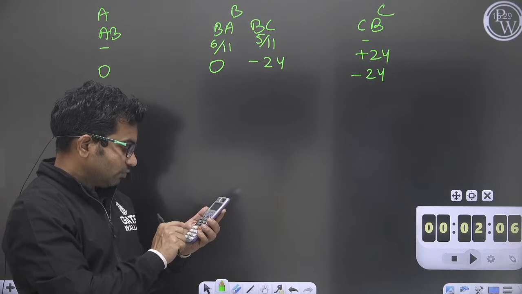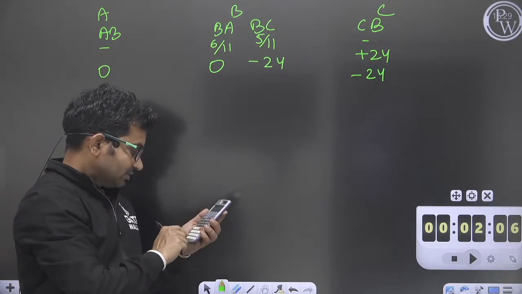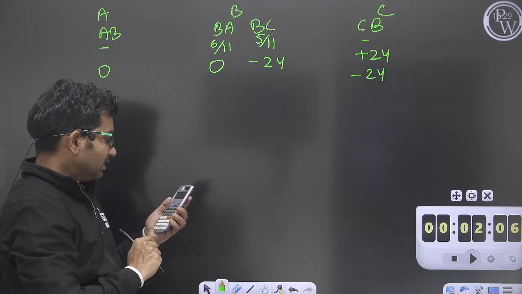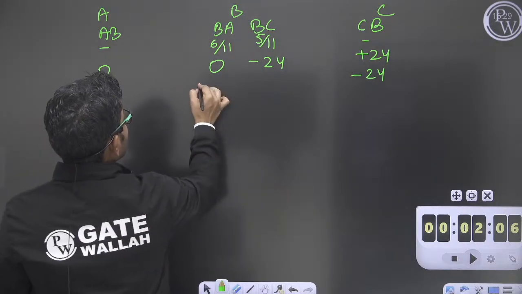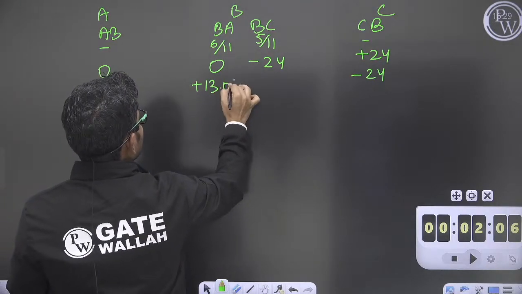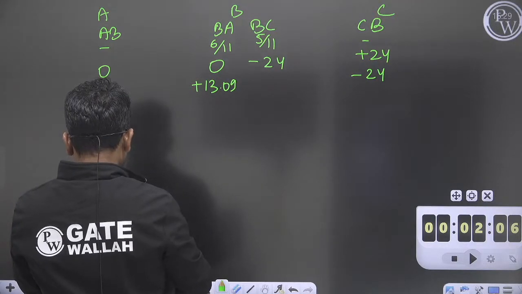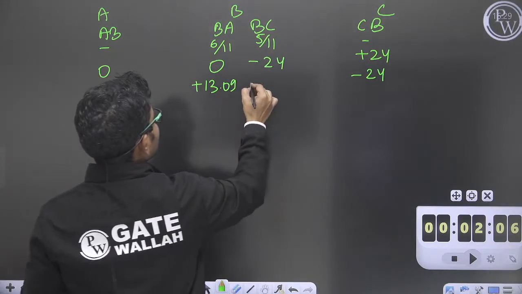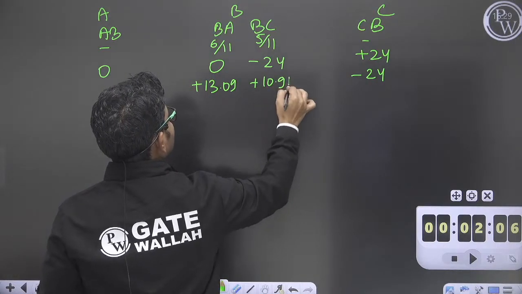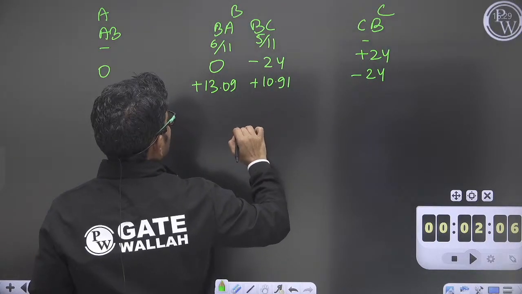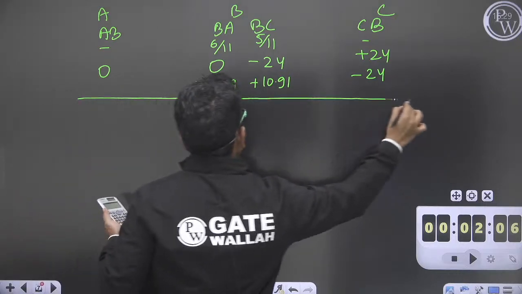So 24 into 6 by 11 will be 13.09, so this will be plus 13.09. Here 5 by 11, it will be 10.91. Okay, so these are the balancing moments.